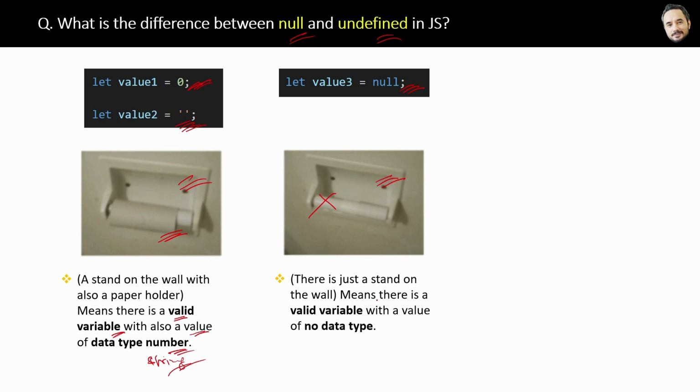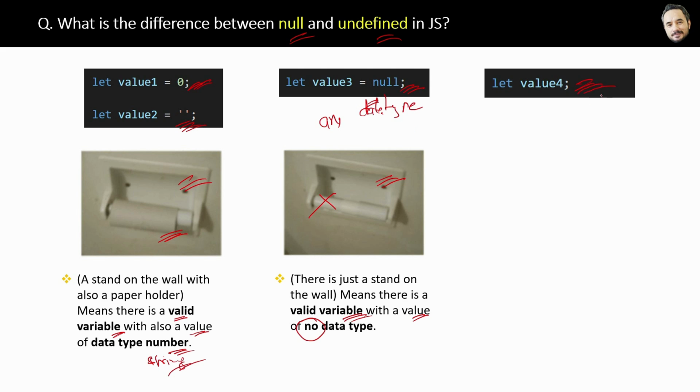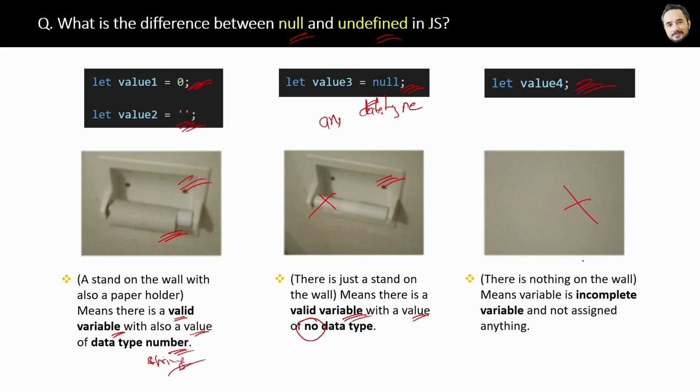Means there is a valid variable with a value of no data type. In future, you can assign any number, string or any data type value to it. And if the variable is undefined, that means there is nothing on the wall. This means it is an incomplete variable which is not assigned.